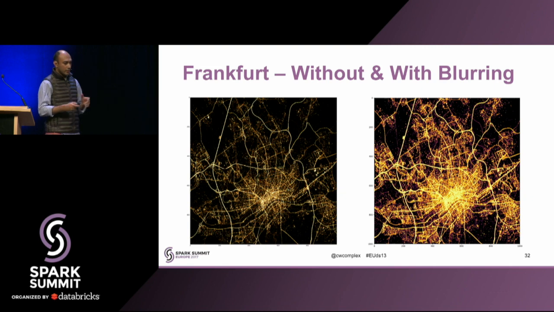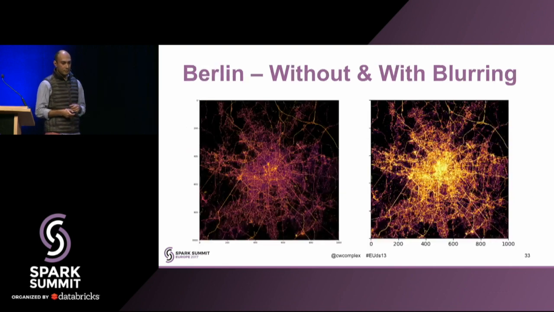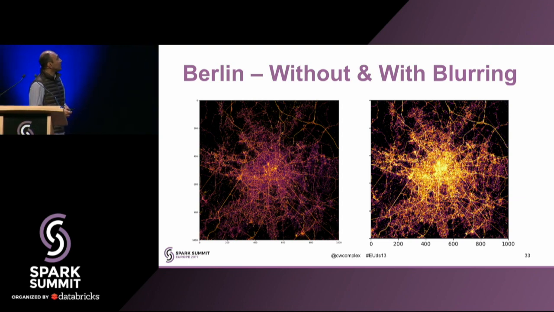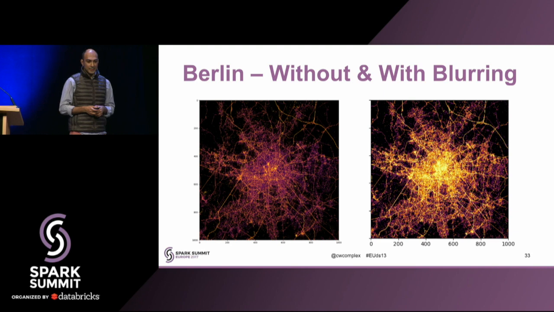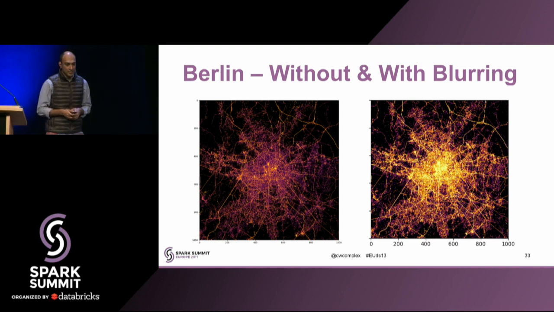Gaussian smoothing is a way to account for this. Here's another example of Berlin with and without smoothing. In these two examples, we consistently see more brightness around the Mitte, the center of the city.